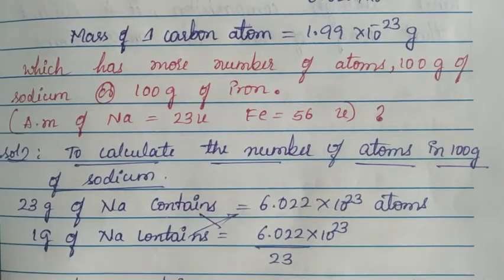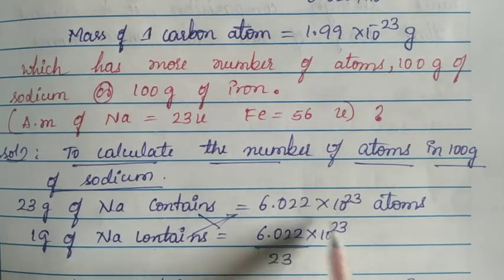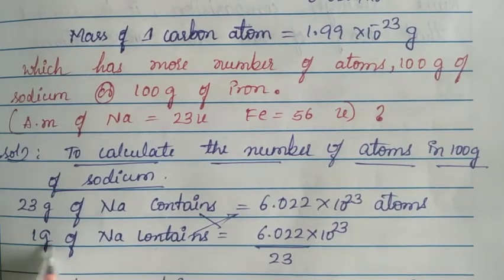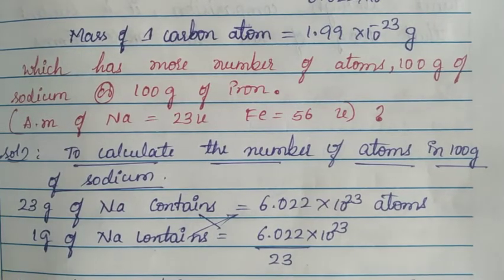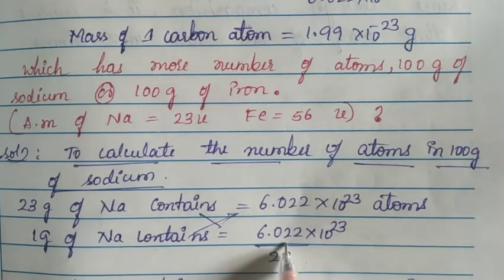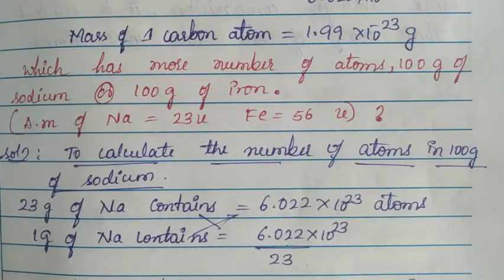Now come to 100 grams. 100 grams of sodium contains, this is multiplied with 100 you know. 1 gram indicates this much. In the same way 100 grams is how much? 100 into this. Yes, now 100 into 6.022 into 10 to the power of 23 divided by 23.